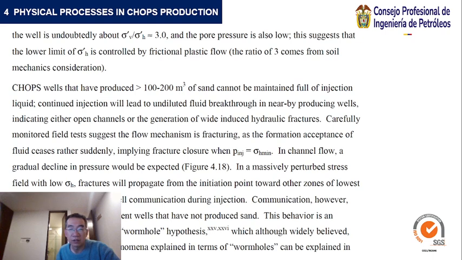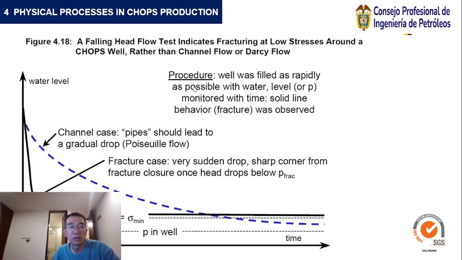All phenomena explained in terms of wormholes can be explained in this way. This figure shows us the falling head flow test indicates fracturing at the low stress around a CHOPS well rather than channel flow or Darcy flow.